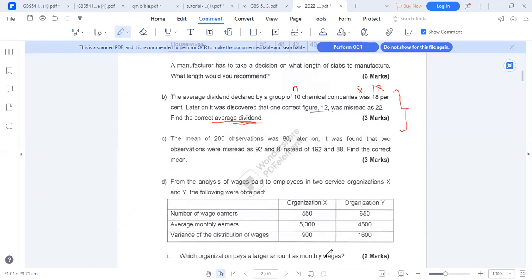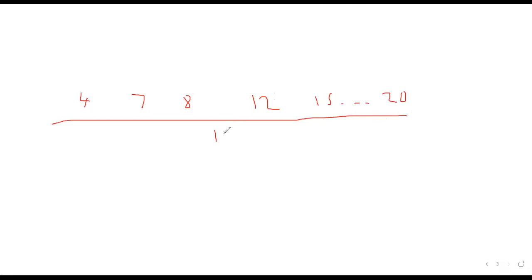Because on these figures here, maybe we had 4, 7, 8, 12, 15. There are 10 of them, maybe we had 20. When we divided these by 10, the mean we found was 18.